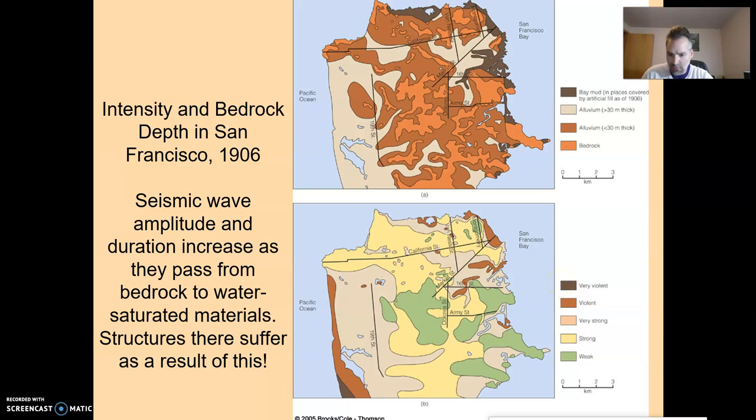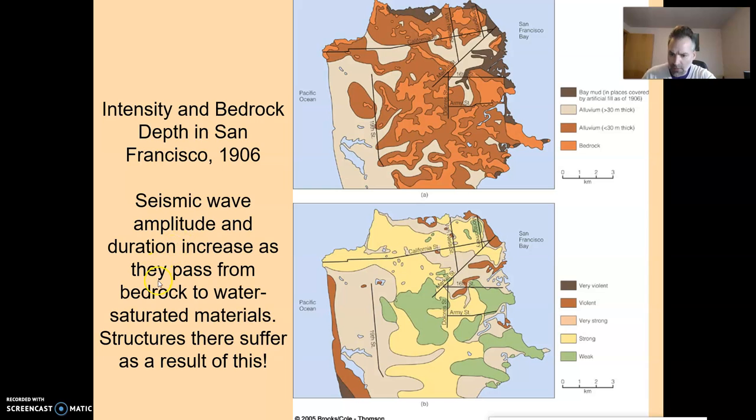And basically it's saying, where do you see the structures suffer the most in here? So if you were to look at this, here you have alluvium. So this looks like very strong here. Where's this green? So it's weak here. So this is bedrock, roughly. This is bedrock. So where there's bedrock, it's very weak.